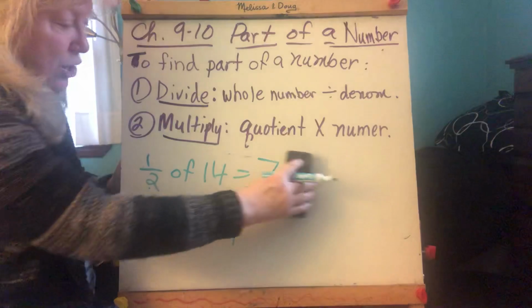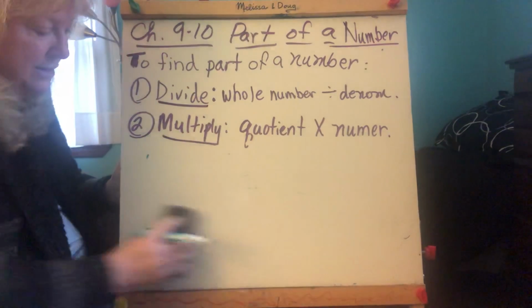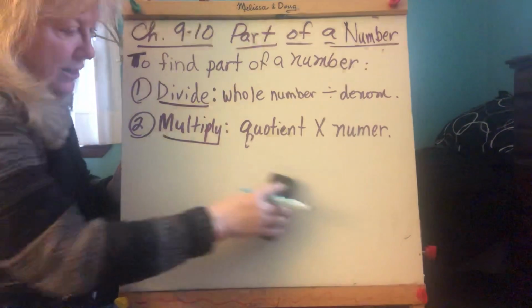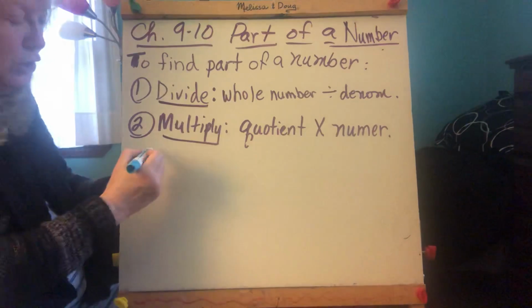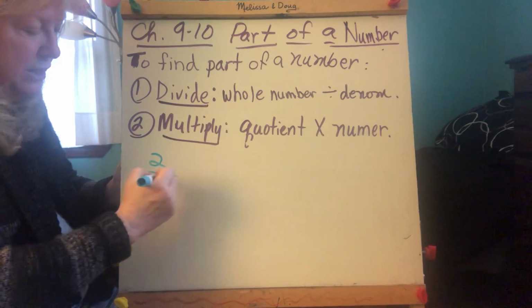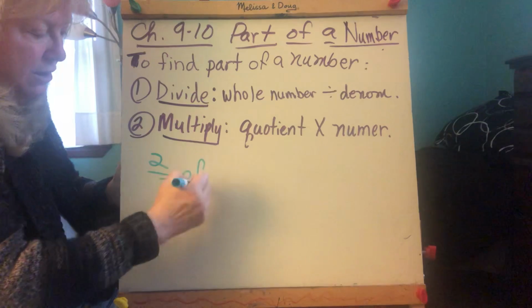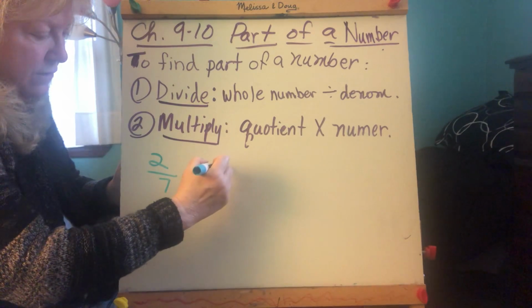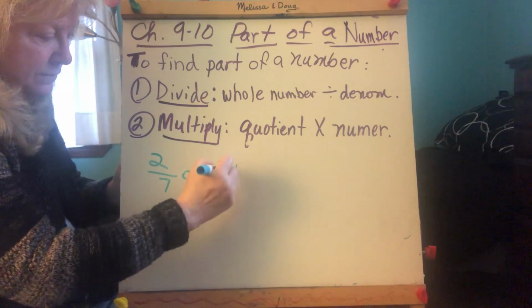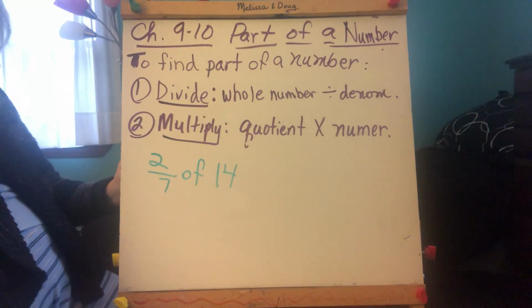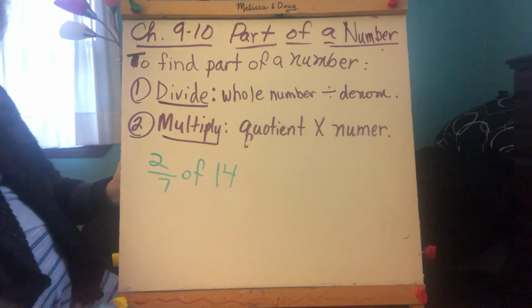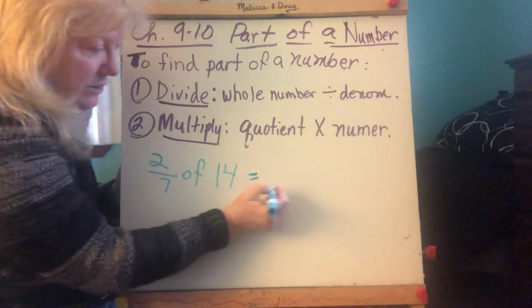Because watch, what if you were asked to find 2/7 of 14? 2/7 of 14 equals some number.